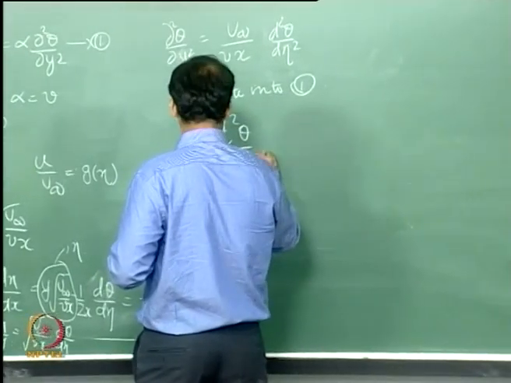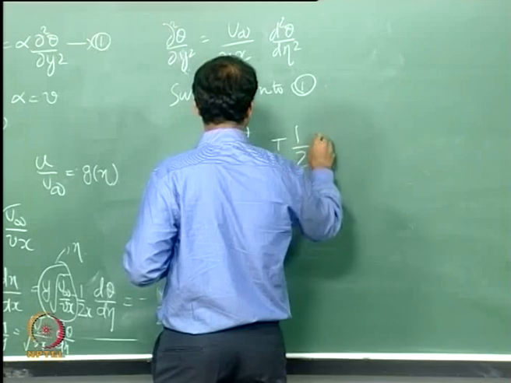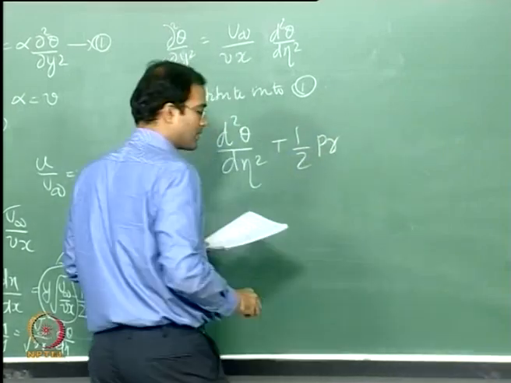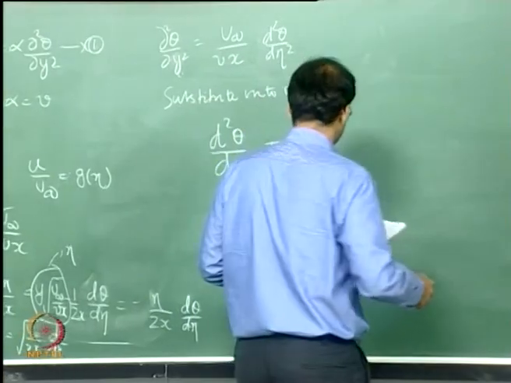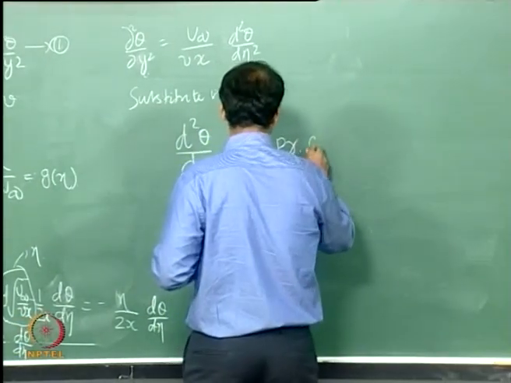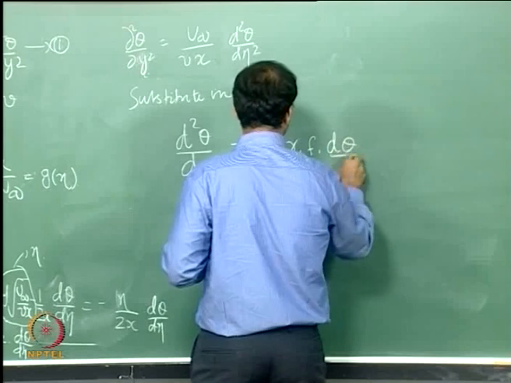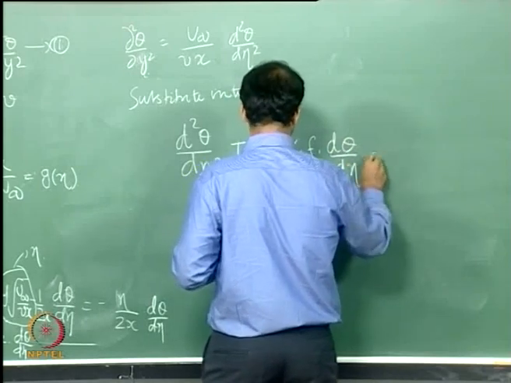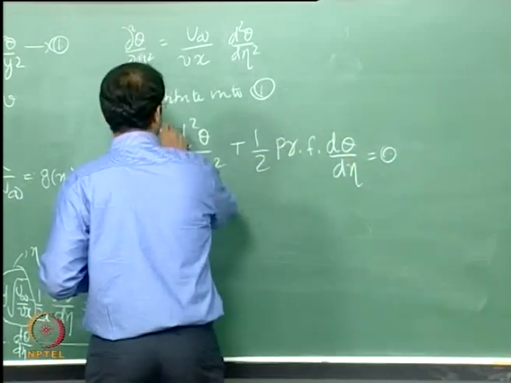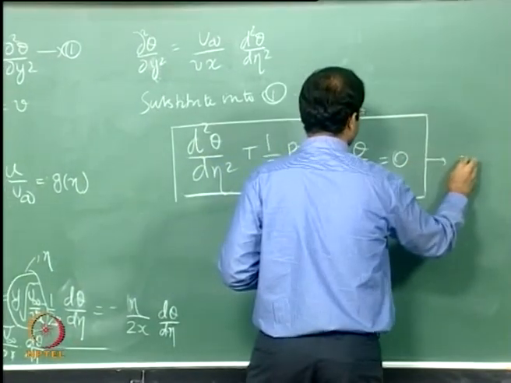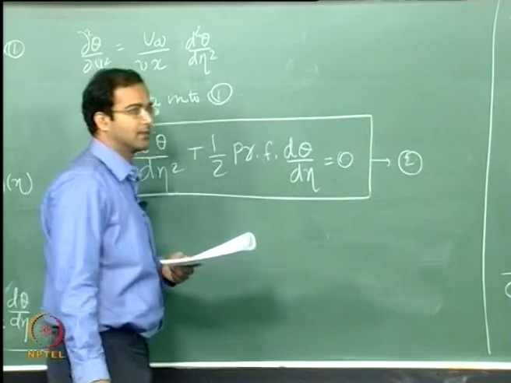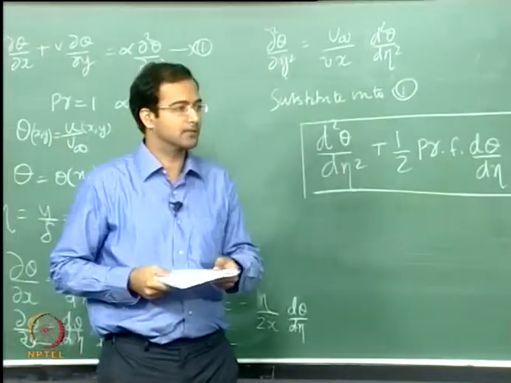All the other terms get cancelled off, so you get only a function of eta everywhere. There are no terms in x and y coming out. Therefore Pohlhausen's guess that theta should be a function of eta was absolutely correct. So this is the similarity solution that you can get for temperature.